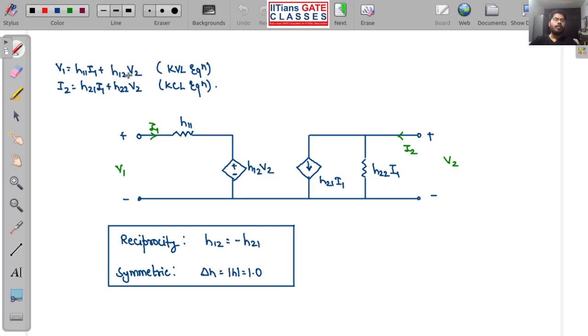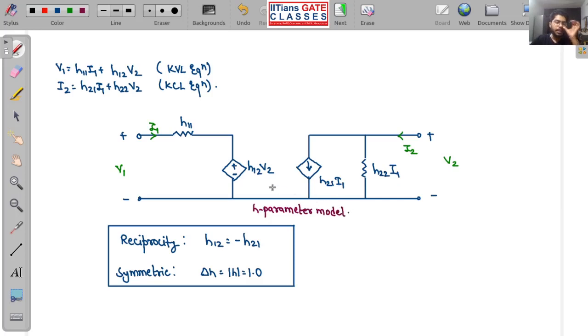Now I have already told you that V1 is equal to H11 I1 plus H12 V2. So this is my KVL equation, and I2 equation is the KCL equation. So this is my H parameter model.